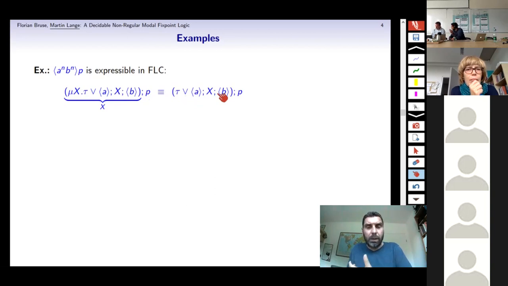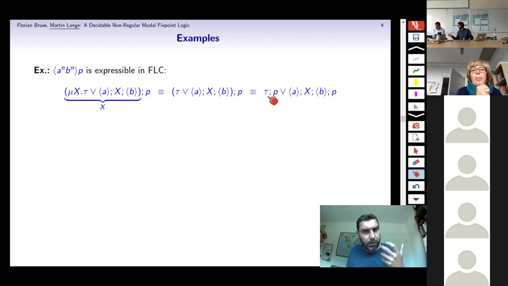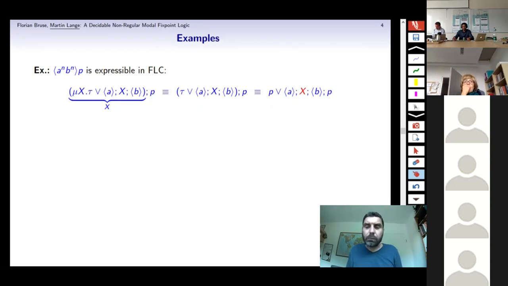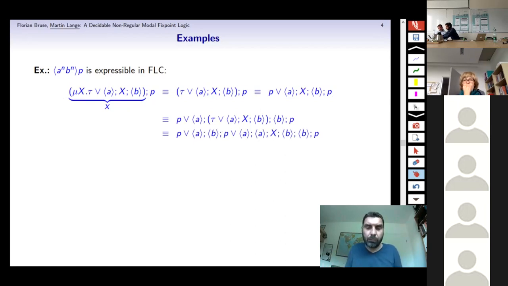Then we can use principles like disjunctions commuting with sequential compositions, and tau denotes the identity predicate transformer, so this disappears. Then we can unfold this fixed point again and break up these disjunctions or sequential compositions again.